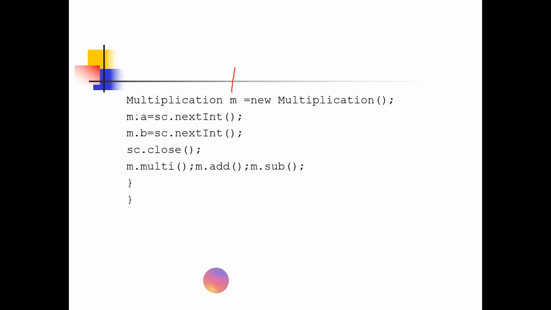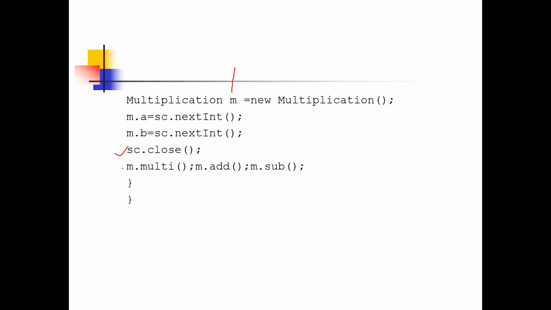So am.a = sc.nextInt(), because we are taking integer type values for A and B. Then sc.close() is the command for closing the scanner. If you do not write this, it will not show any error, but it will show a warning that the scanner is not closed.